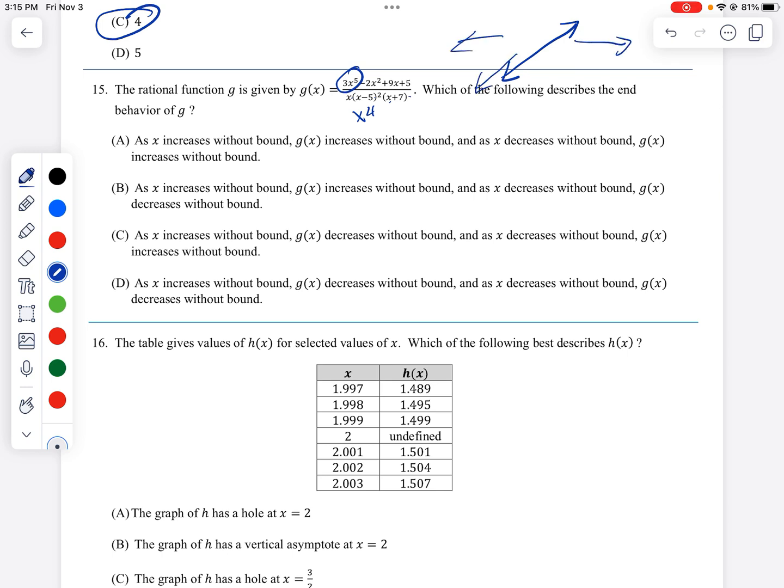As we move where x is positive, it'll be going up. So as x increases without bound, g of x also increases. As it decreases without bound, it also increases. Well, that's saying they're both going to infinity. That's not the case. As it increases without bound, g of x increases, so it goes to infinity. As it decreases, g of x decreases. Well, that matches it, so it has to be that one.